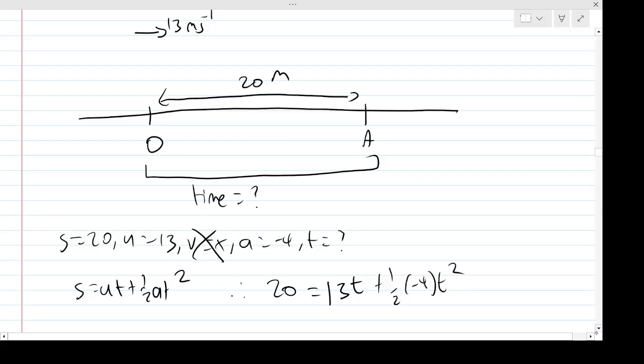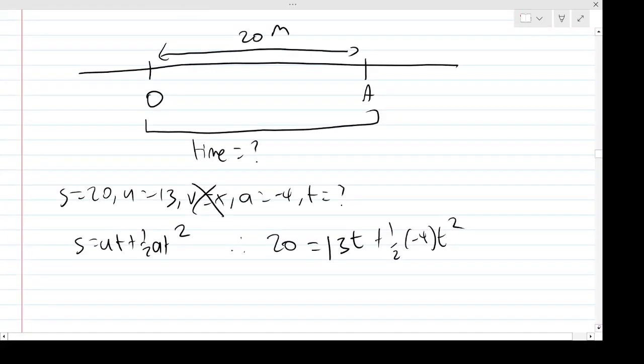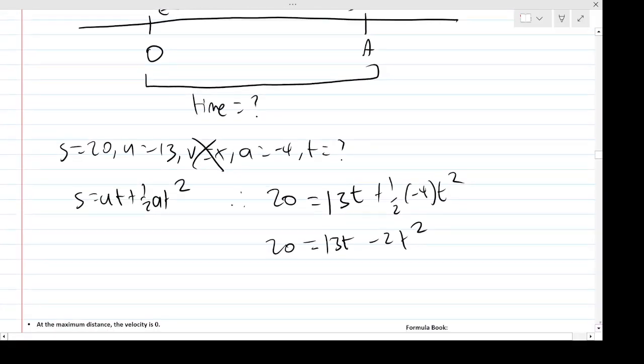If I simplify this, I get 20 is 13T, and then a half times minus 4 is minus 2T squared. Interesting, we get a quadratic, right? So if I add 2T squared, take away 13T, add 20, I get 2T squared minus 13T plus 20 equals 0. I just move everything to one side. And so I need to solve.